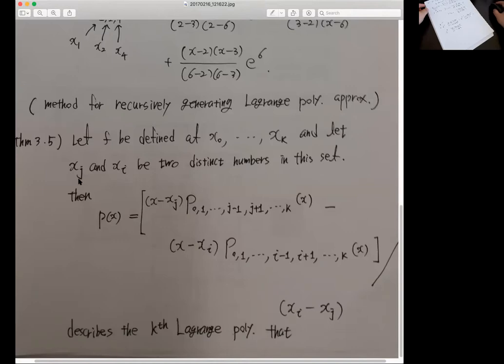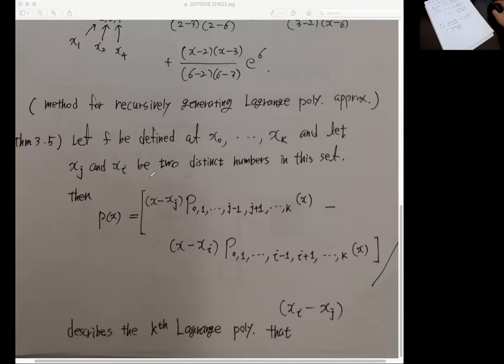So xj and xi are distinct nodes. For example, xj could be x1 and xi could be x3.